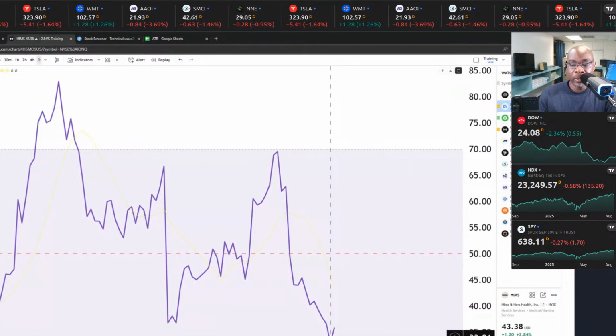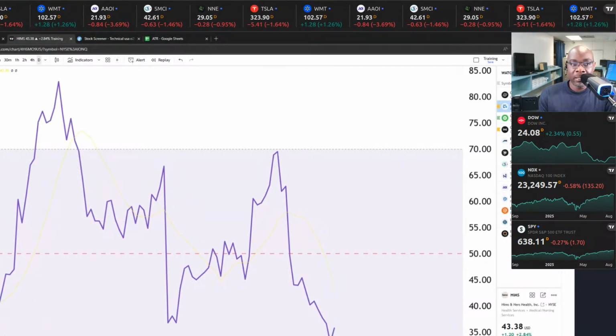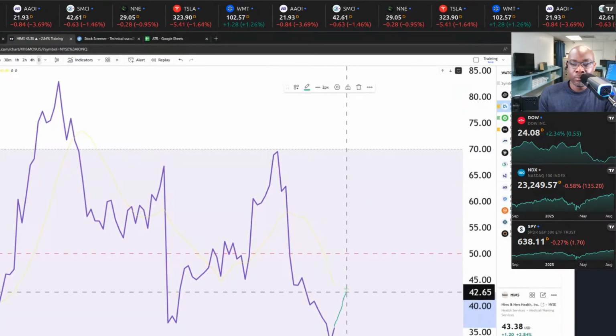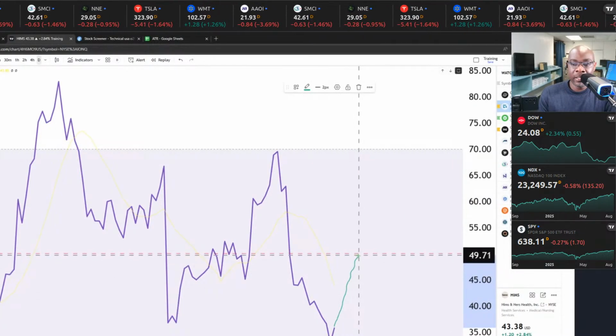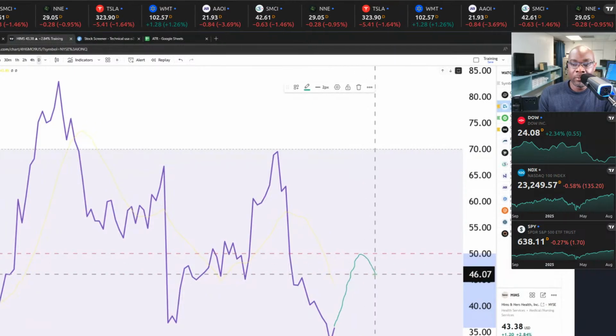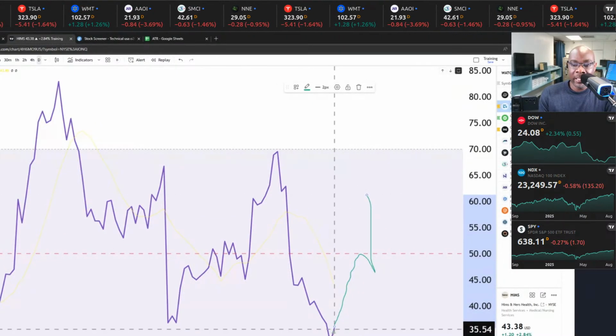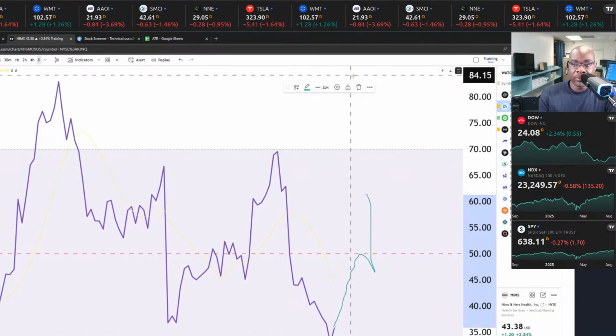So now that I see it's pointing upwards, my expectation here is that this is going to go like this. It's going to hit this. It's either going to hit it and come back down, or it's going to hit it and break through. But I know that right now it looks like it's going in an upward direction, right?